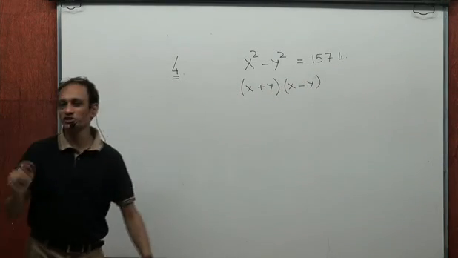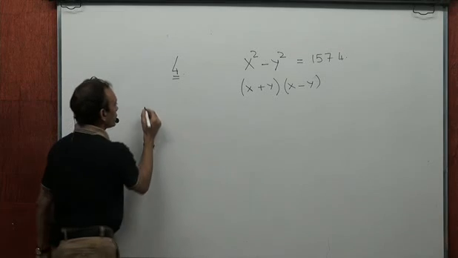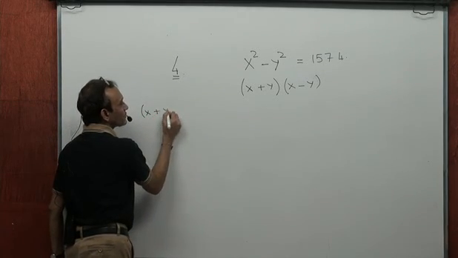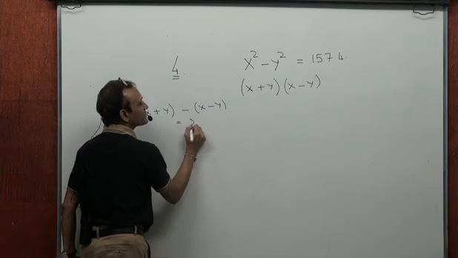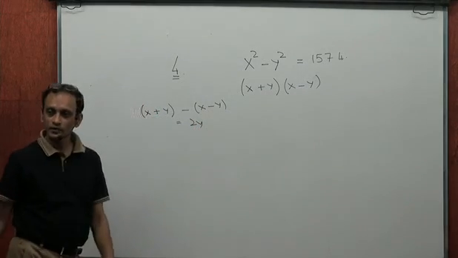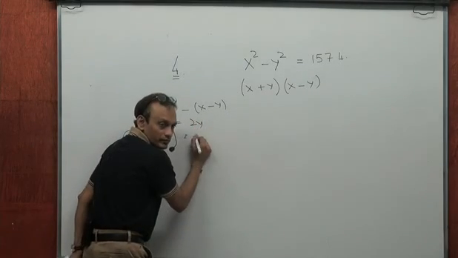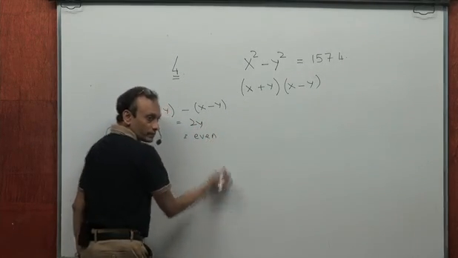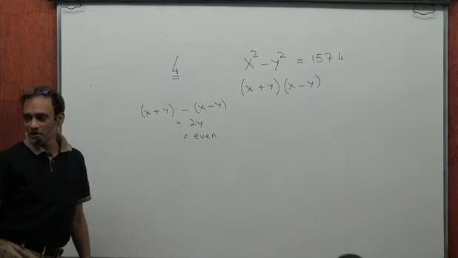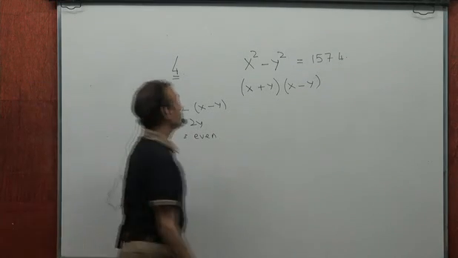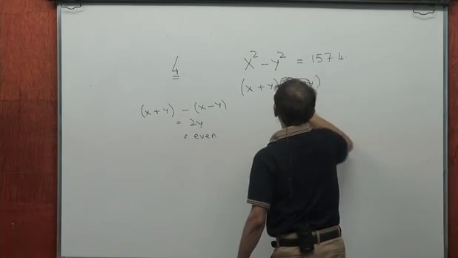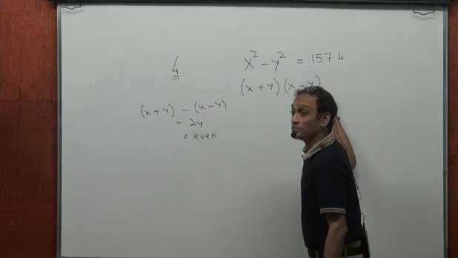One simple observation. X plus y minus x minus y is 2y, isn't it? Which is an even number. That's an even number, is it not? Now, which means this number minus this number is an even number.